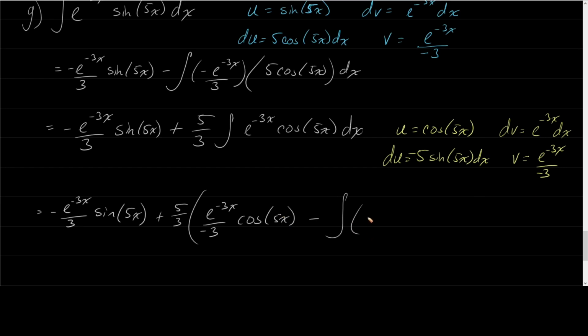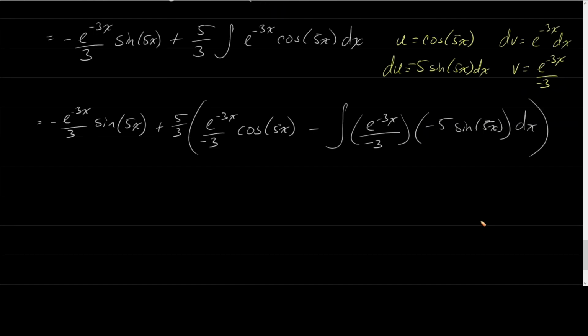So I've got e to the negative 3x over negative 3 times negative 5 sine of 5x dx. All right, that's a 5.